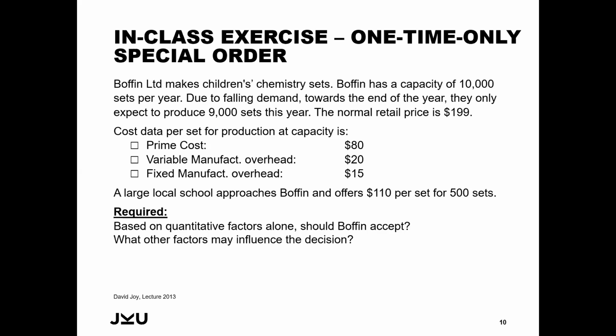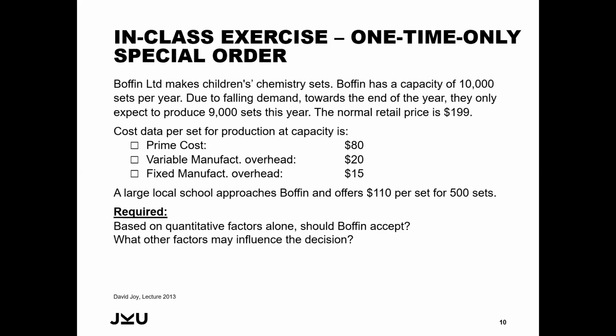So it would be easy for us to take on that offer, and we have the capacity to produce another 500 sets. The question is whether we want to sell those for $110.